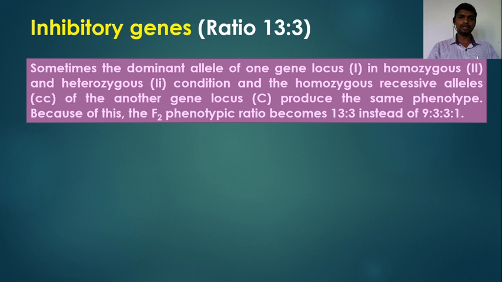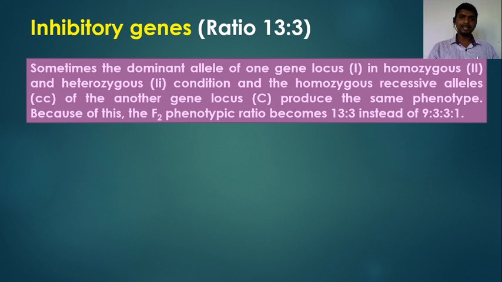So the dominant allele of one gene locus, that is I, in the homozygous condition, we write as capital I capital I, and heterozygous, that is capital I and small i, and the homozygous recessive alleles of the another gene locus, that is the C, we write as small c small c, produce the same phenotype.